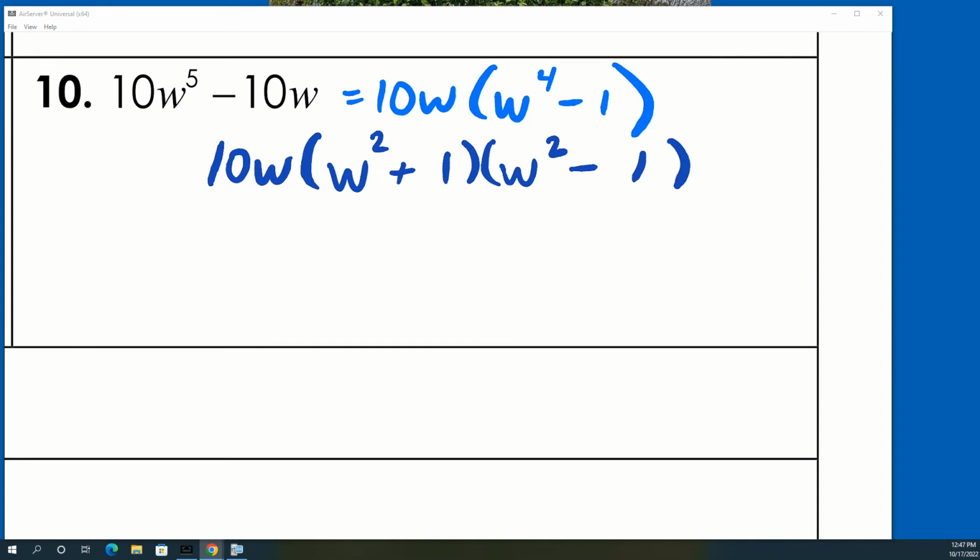Now, that wasn't super tricky, but we're actually not 100% finished on this one. Because if you look, this is still the difference of squares. So this is one of those kind of weird ones that you have to factor 3 times. This doesn't come up a ton.